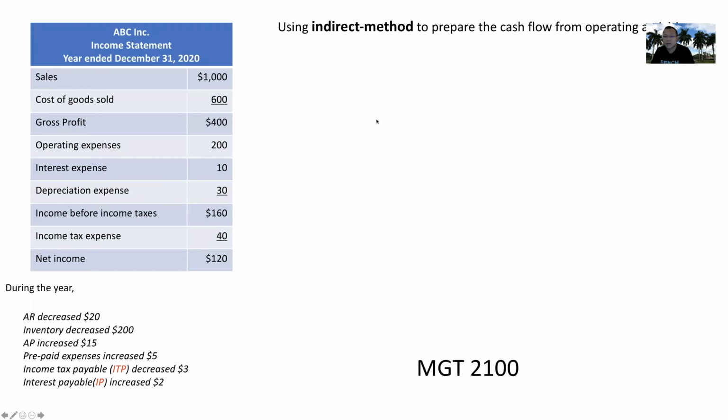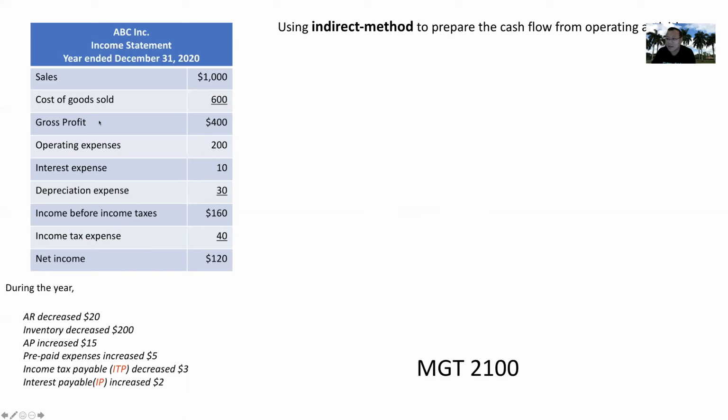Okay, so we are going to use this information from a hypothetical company, ABC Incorporation. We have the information provided on the left of the screen. So this is a company. We have sales, $1,000, cost of goods sold, $600.